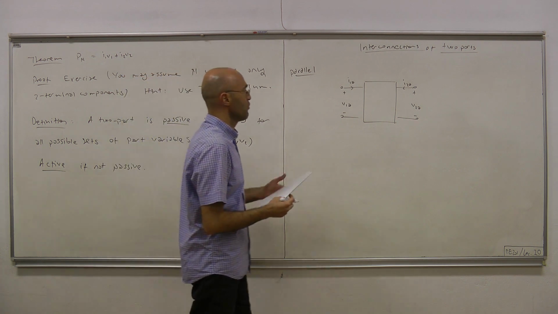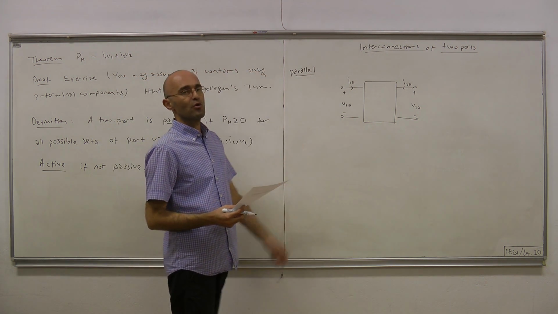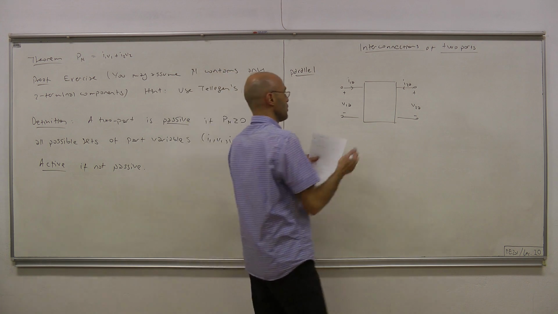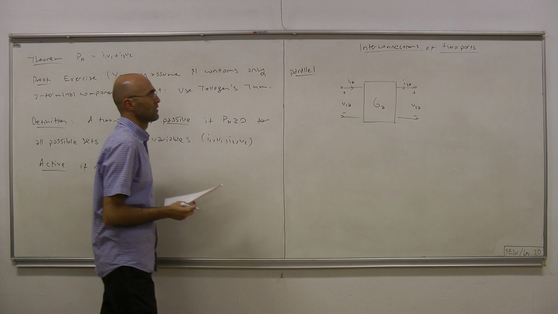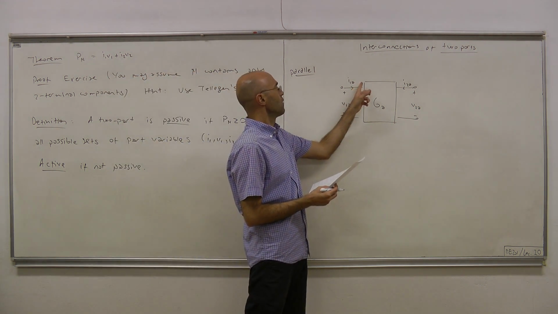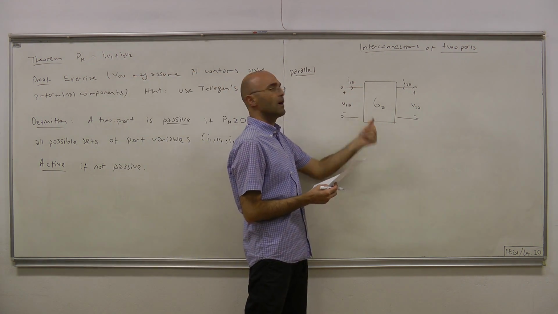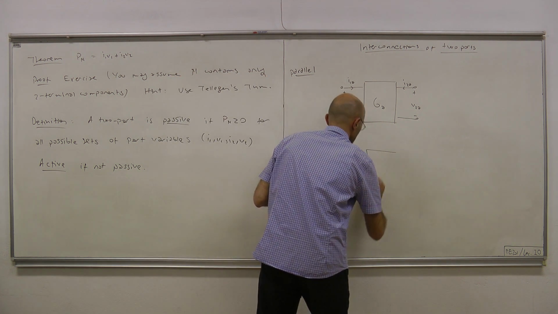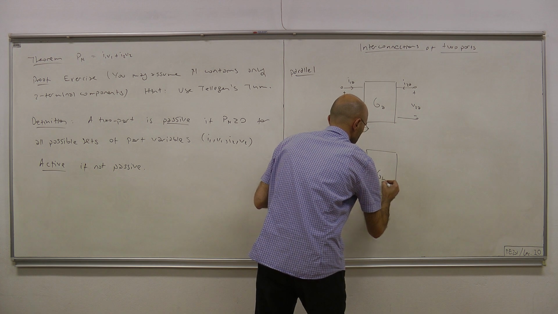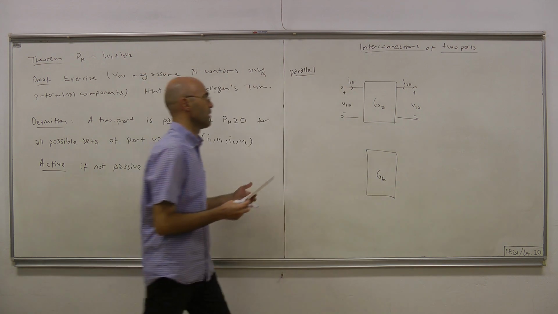And suppose that for this you're given, or you computed beforehand, the conductance parameters, or you have the conductance matrix. That is, the current vector equals this times the voltage vector. Then we have another 2 port for which you also have the conductance parameters.